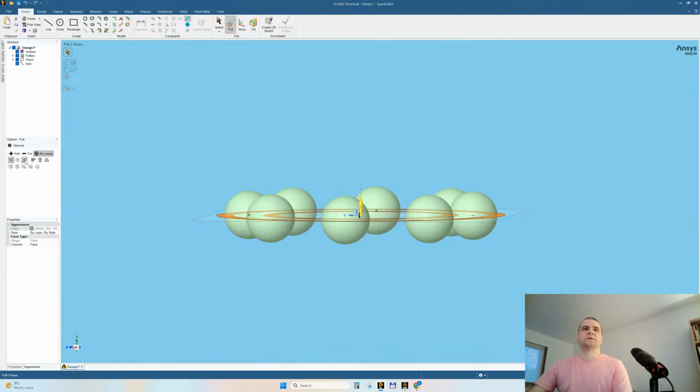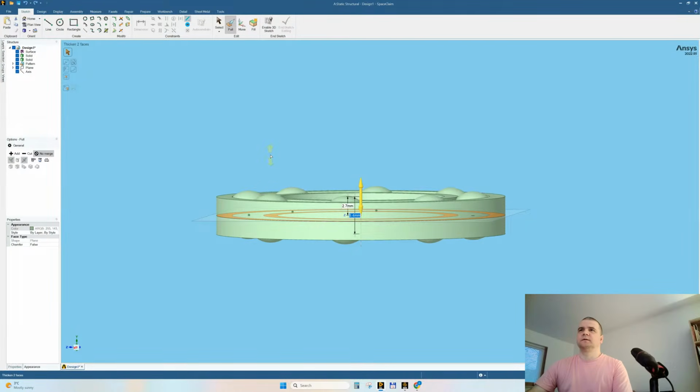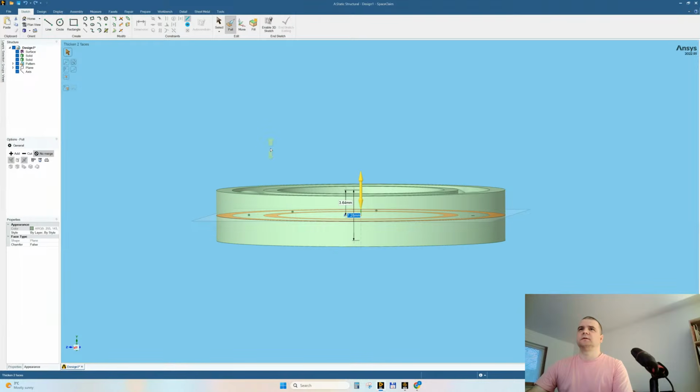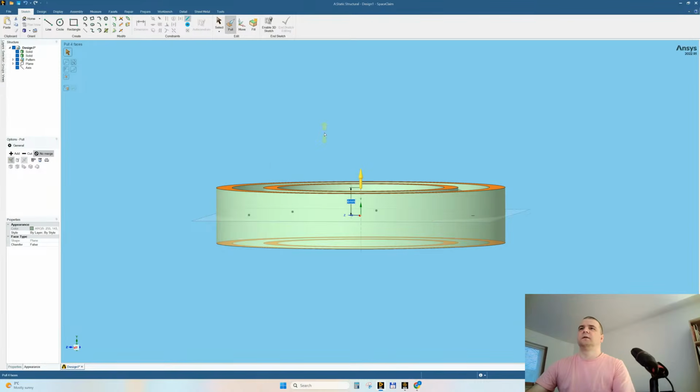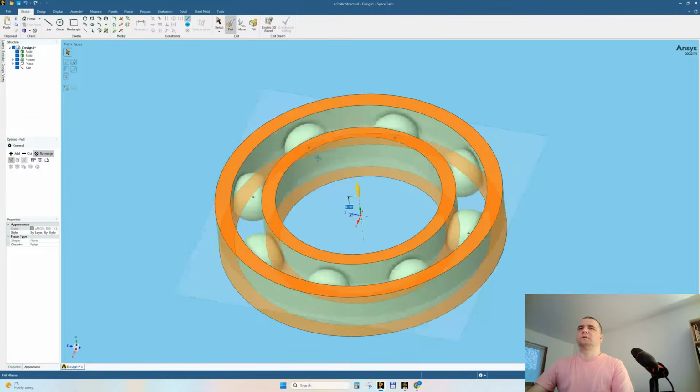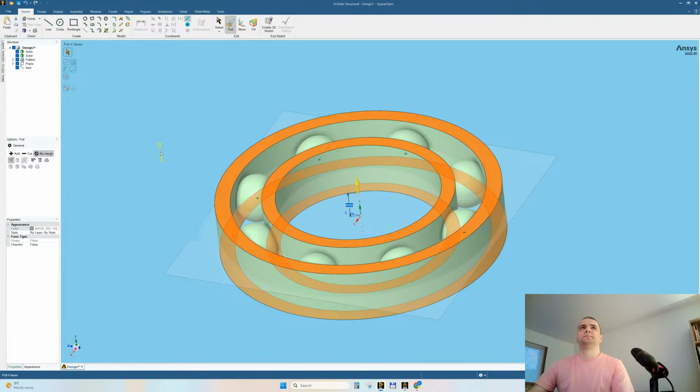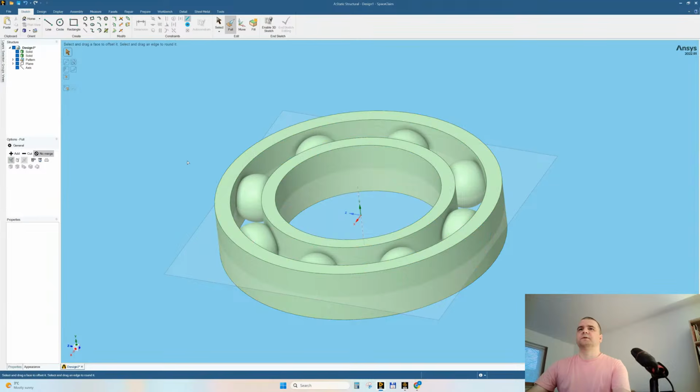We use this option, pull both sides, yes? Something like this would look nice. Let's make it 8. All right, so we have the races. In principle, they should not be merged.